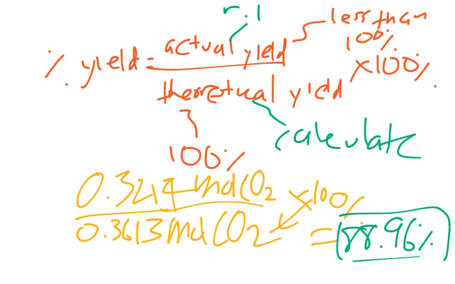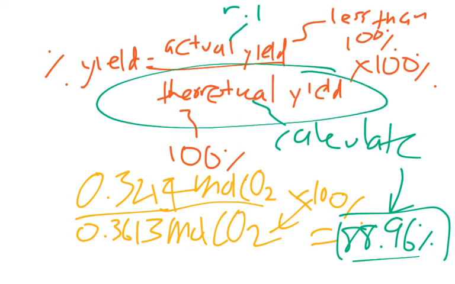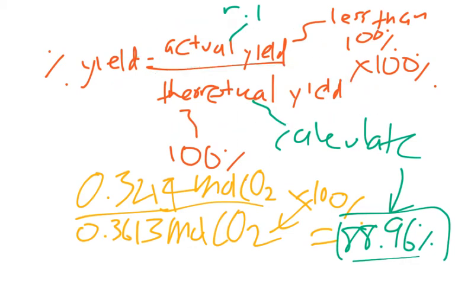Sorry for that. And that is our answer. So this number means that the scientists got 88.96% of the product that they expected. The expected stuff was the theoretical yield, and the actual stuff was what they got. So they got 88.96% of the carbon dioxide that they expected to get from the reaction.